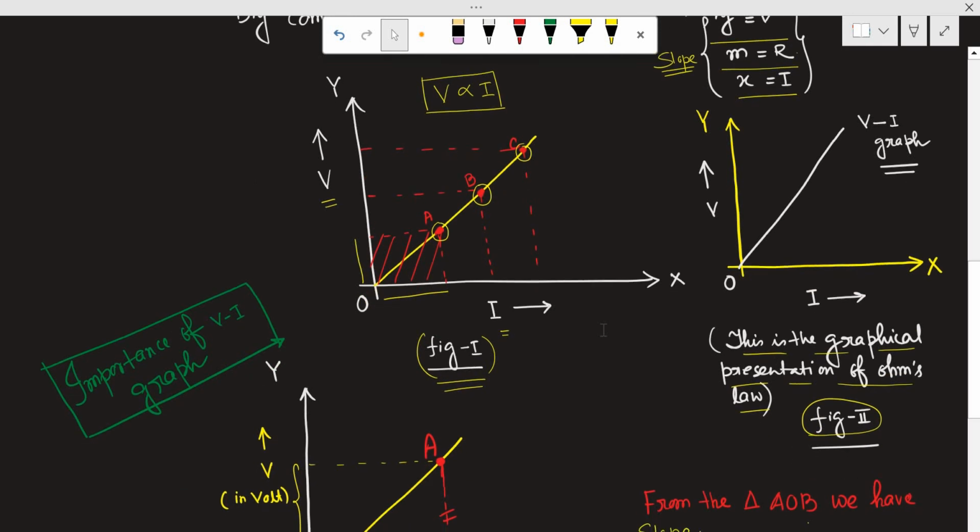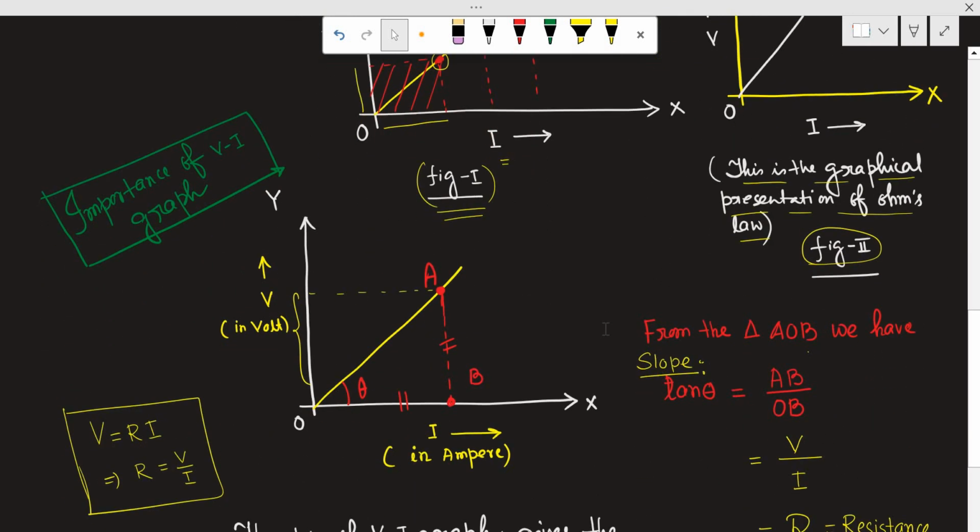Now we are interested to know the importance of the VI graph, or the graphical presentation of Ohm's law. After drawing the graph and some labelling, we consider a point on the straight line and draw a perpendicular on the x-axis, and we observe that it forms a right angle triangle, so we can use trigonometry.